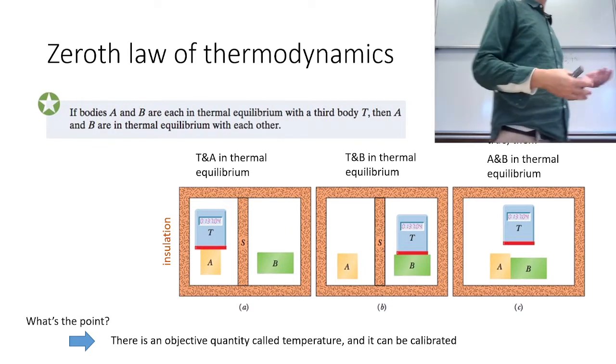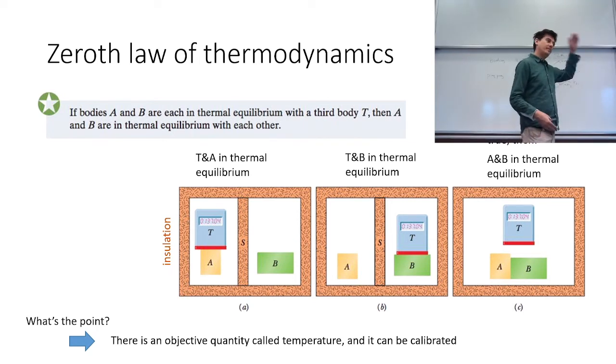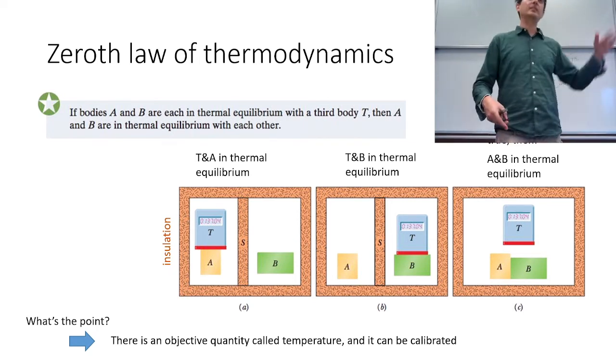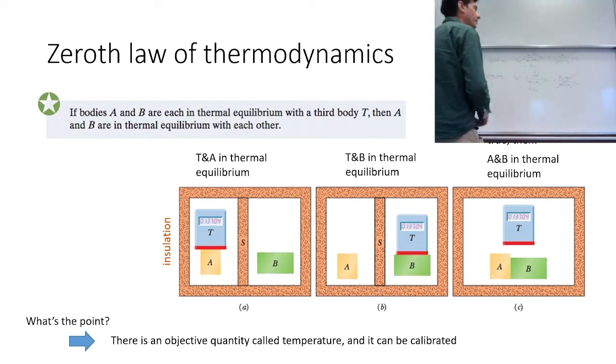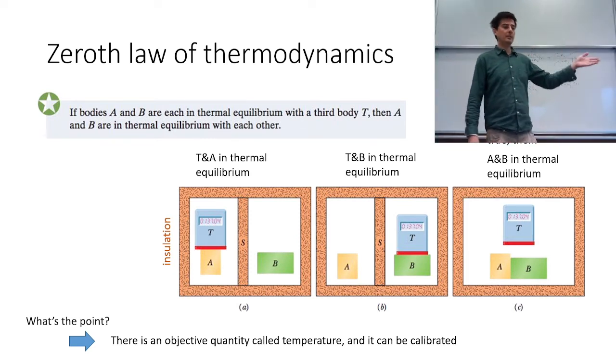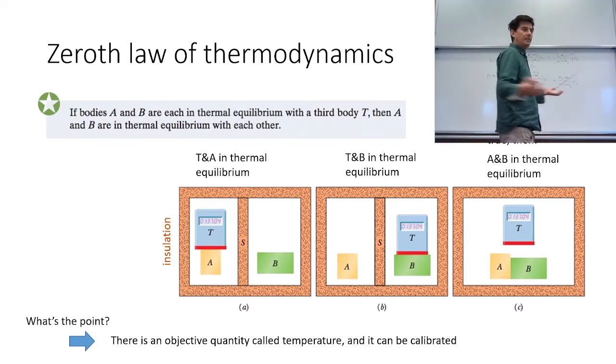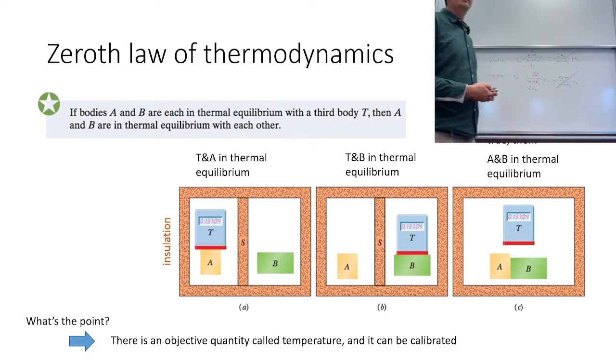Kids know this. But scientists had to really think that actually this is not necessarily so obvious. Essentially, it's a statement saying that temperature is a thing, and it can be quantified, and you can put a number on it.